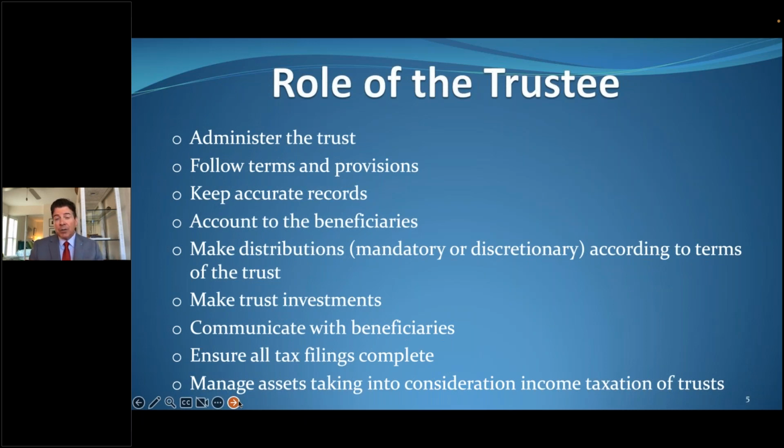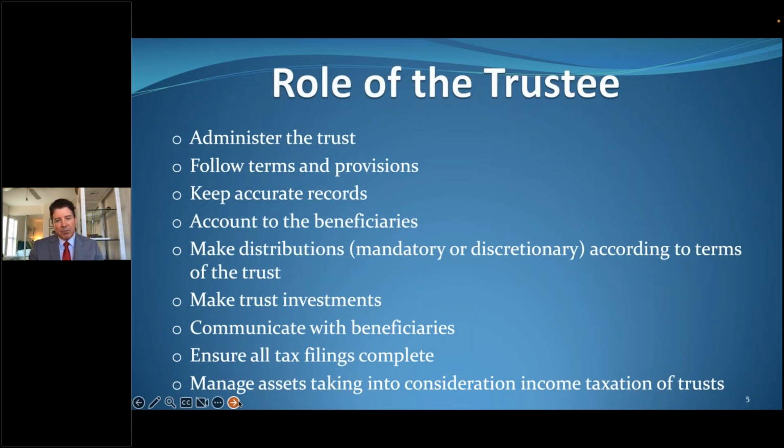So I'm going to talk to you in those terms, very simple terms, and let's just go through it. So the role of a trustee is to actually administer a trust. A trust, as we're going to find out, is more or less a contract. It's kind of a private agreement, and it has terms and provisions. And the trustee's role is actually to follow those terms and provisions and to keep accurate records and so forth.